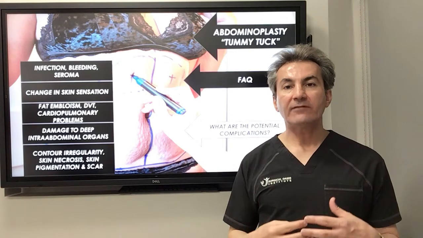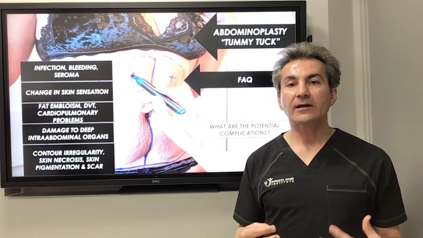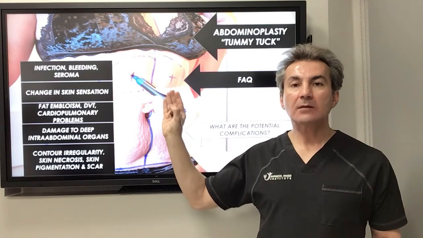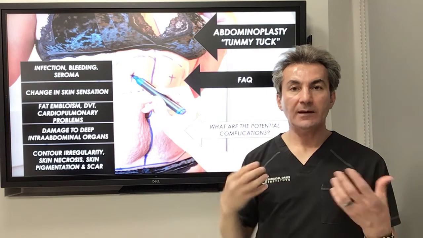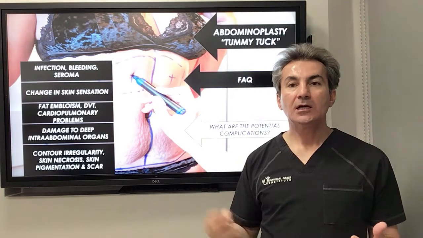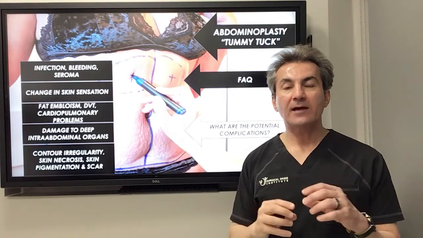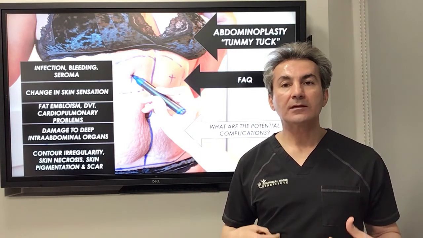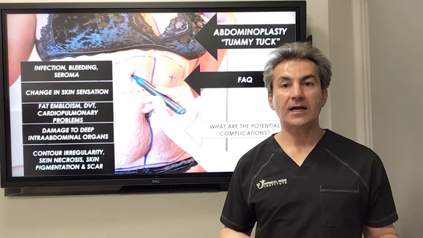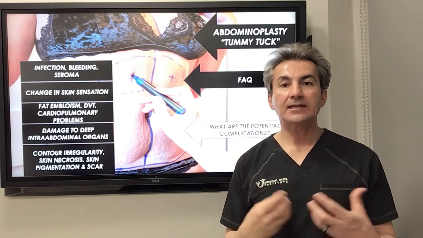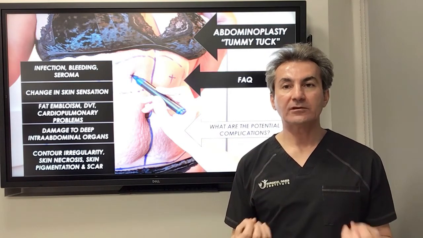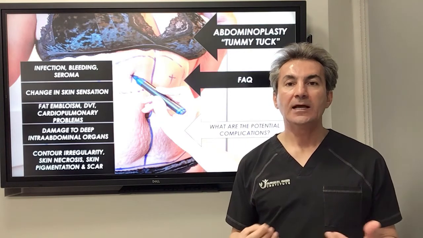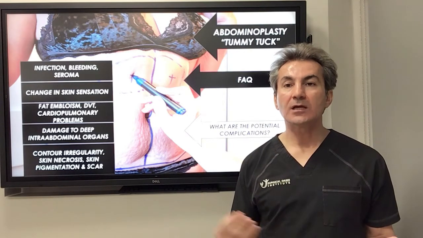Because some people have extra fat in that area, we have to then combine some sort of liposuction to make that flap a little bit thinner, and also to create the appropriate lines that give the patient an athletic appearance after the surgery, and that will be done at the end of the surgery.